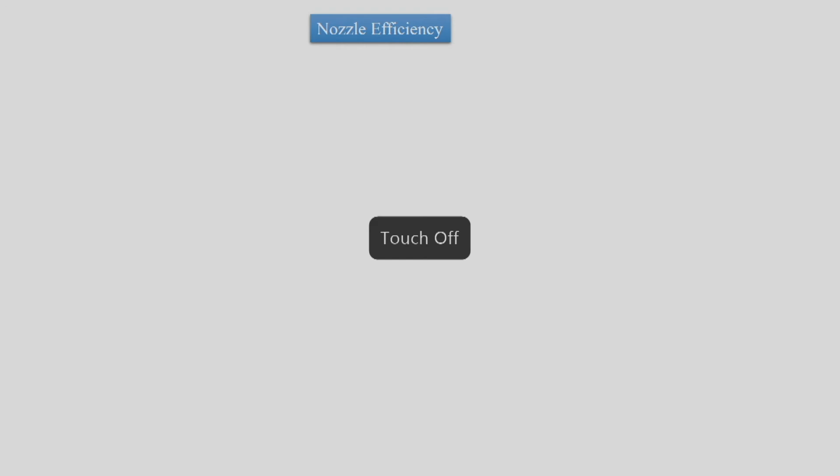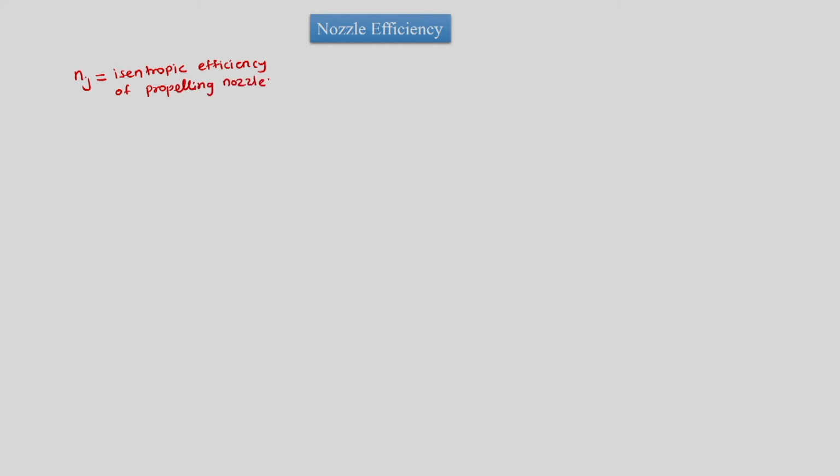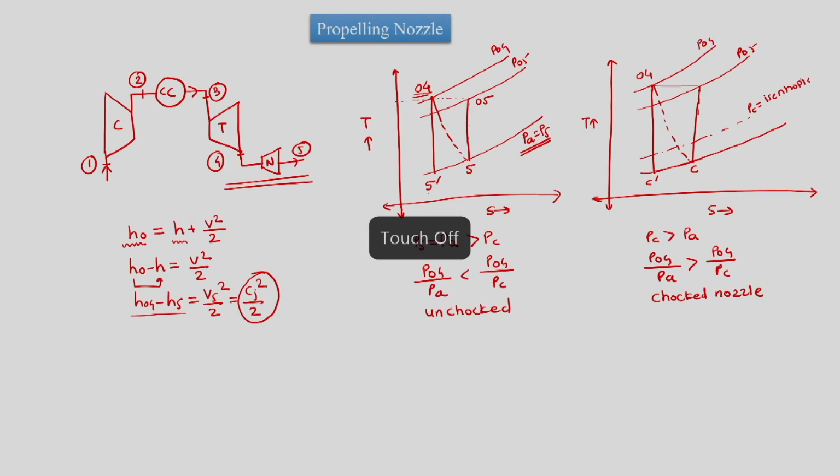So let us define Nj as nozzle efficiency, which is also called the isentropic efficiency of a propelling nozzle or just nozzle. This is defined from our reference figure here. If we take this figure, we are expanding from state 04 to 5 instead of 04 to 5 dash.